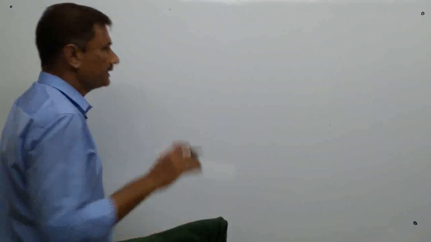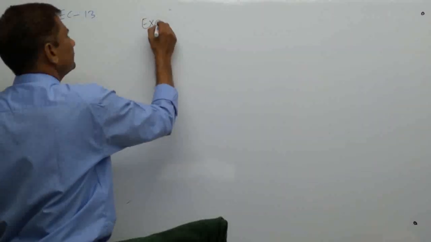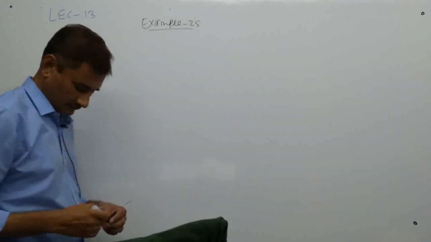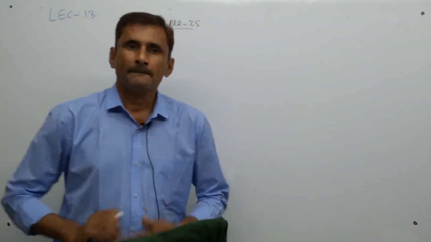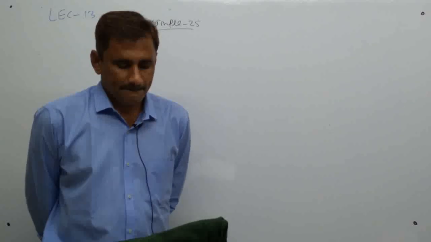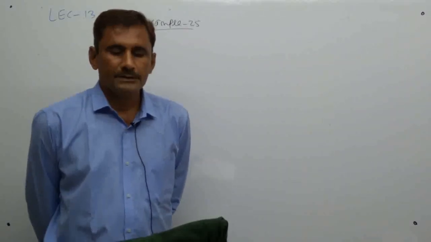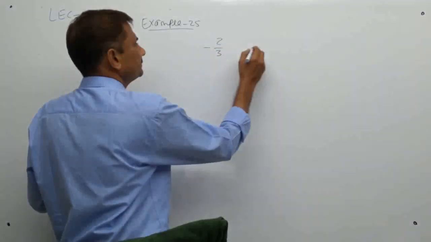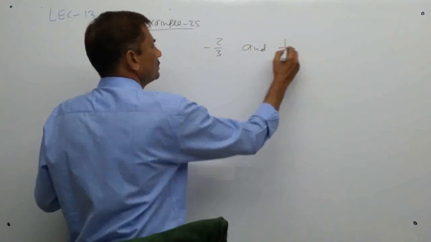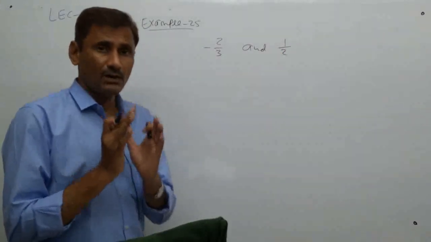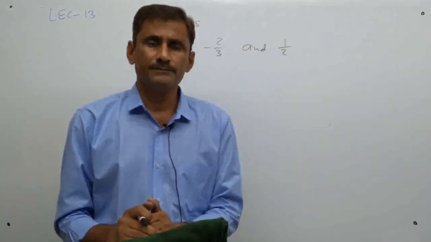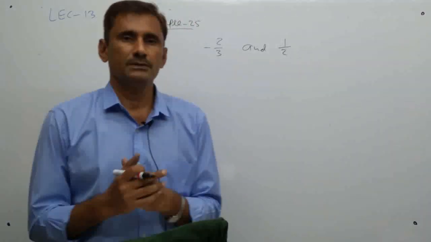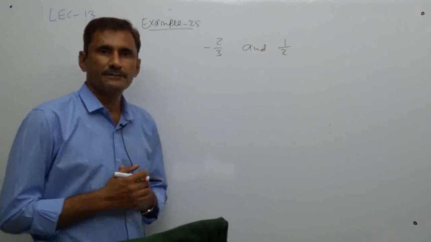There are minus 2 by 3 and 1 by 2 given. Now how to insert rational numbers in between? So in the first method, I am talking now for the first method only. We'll talk later on the second method, not both together, otherwise you will be confused.